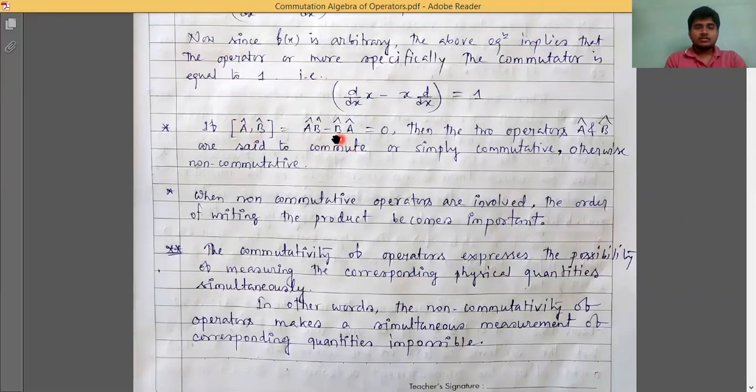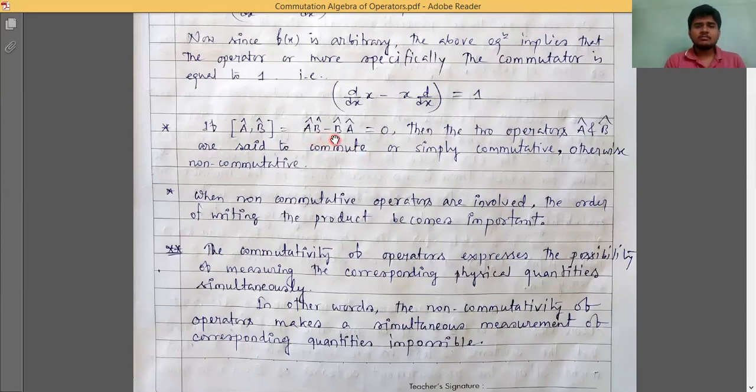Whenever we calculate the value of these two operators, as we will discuss in the mathematical problems later, you will see that you have different types of operators here, and you have to calculate the mathematical value.